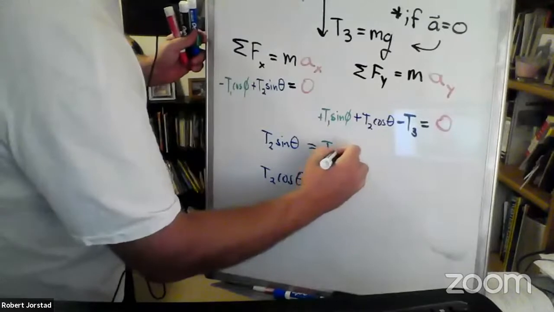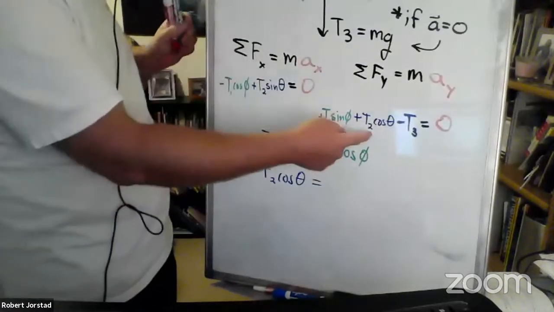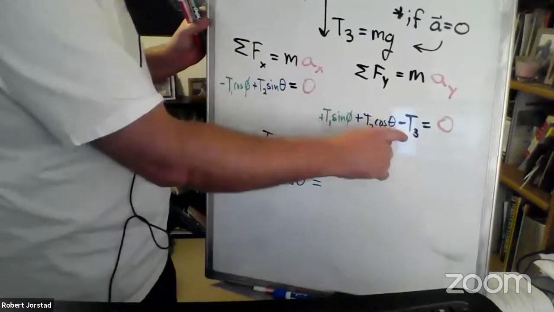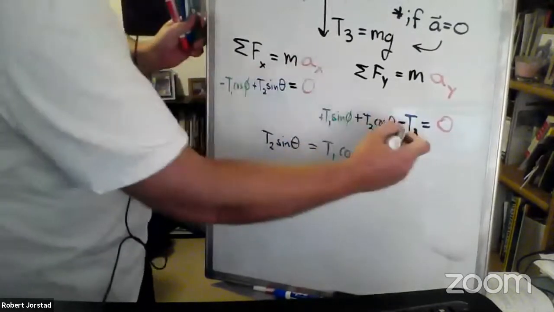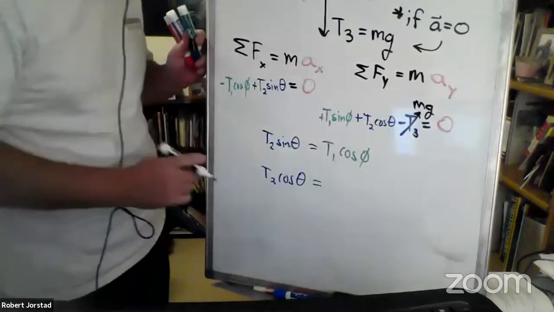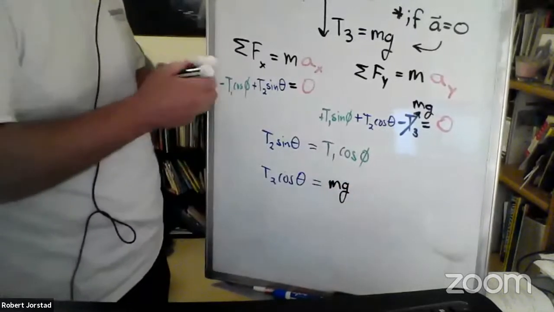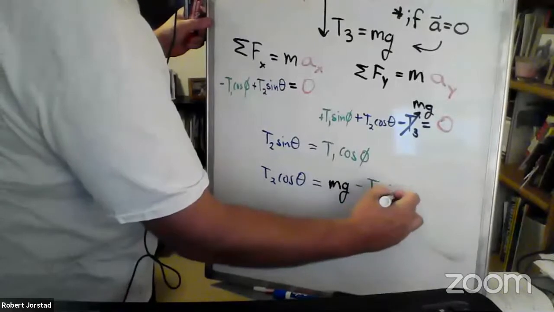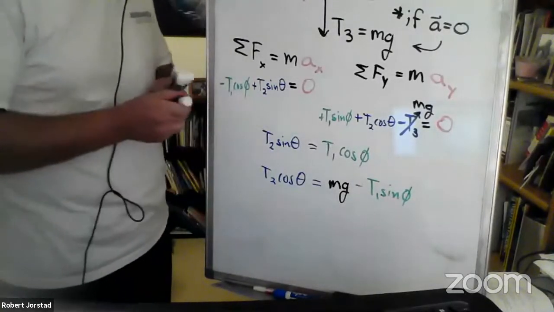That's T1 cosine phi. Now over here, I have to move both of these to the other side. T3 is going to move to the other side and be positive. This one will be negative. And because T3 happens to equal mg in this case, when I move that over, I get mg minus T1 sine of phi.